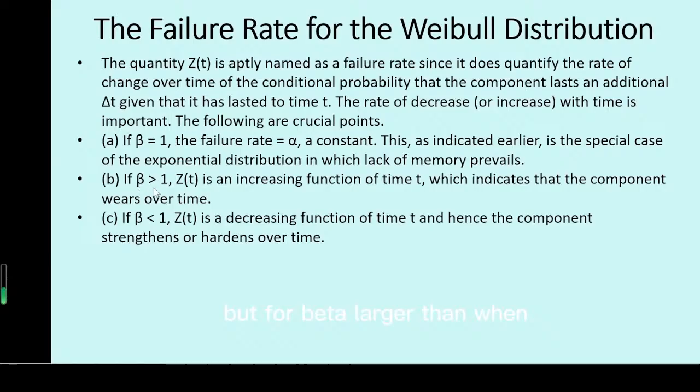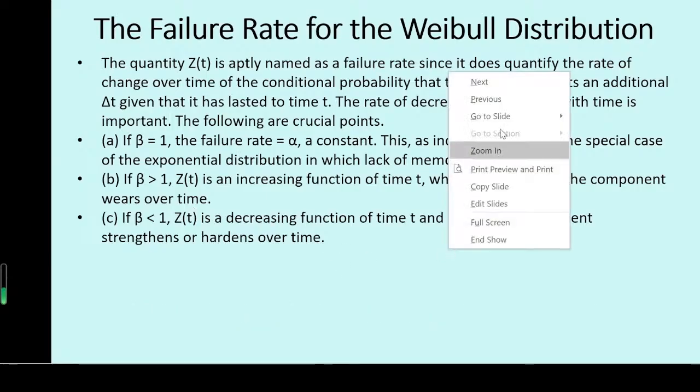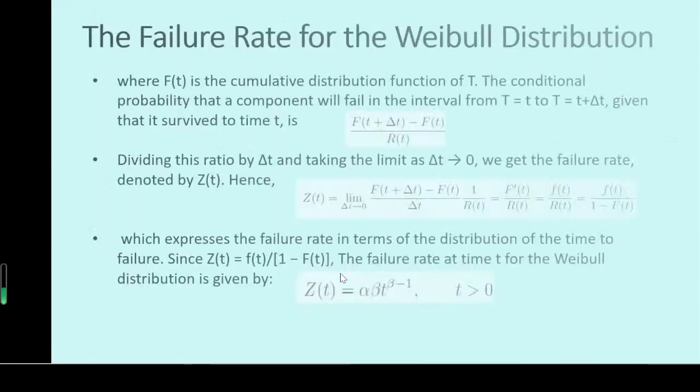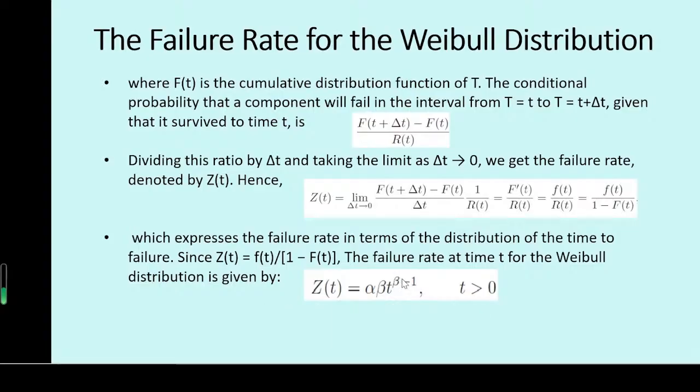But for beta larger than 1, in the Weibull distribution, the failure rate is an increasing function of time t, which indicates that the component wears over time. We look back again, beta larger than 1. So this term is not constant, right? It will increase over time.